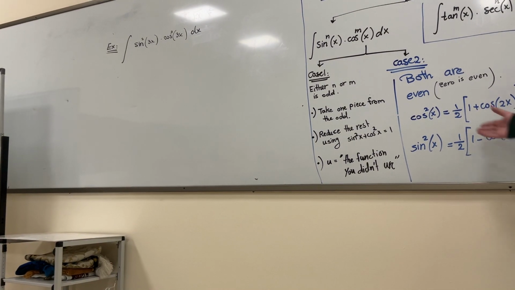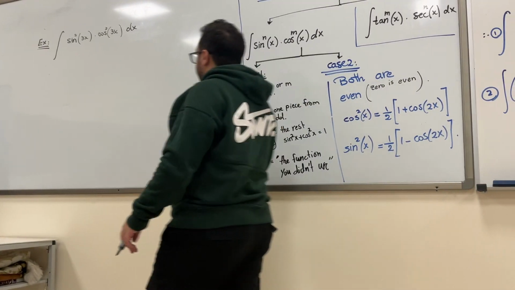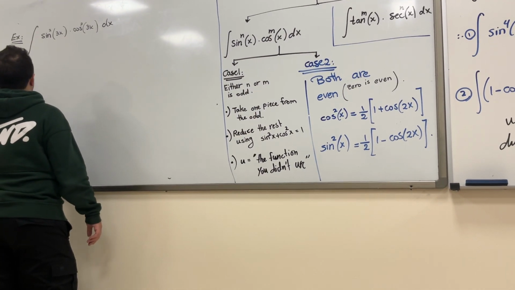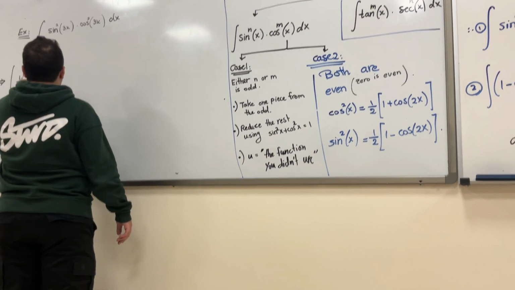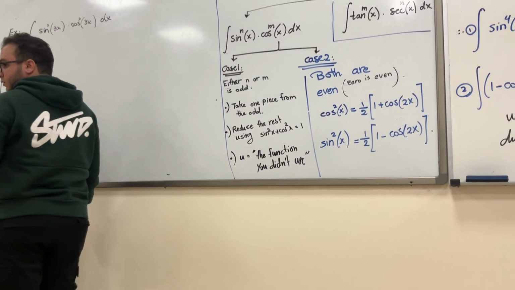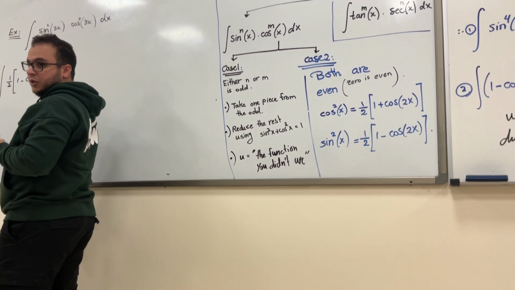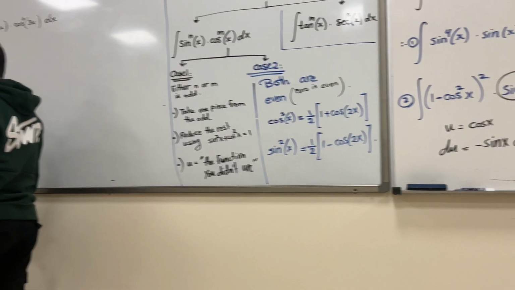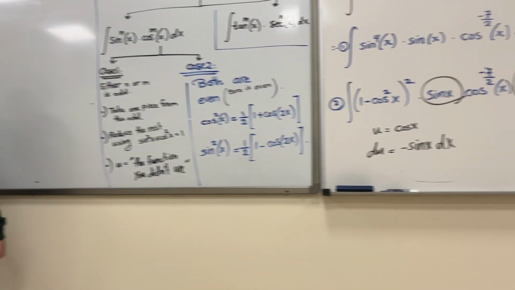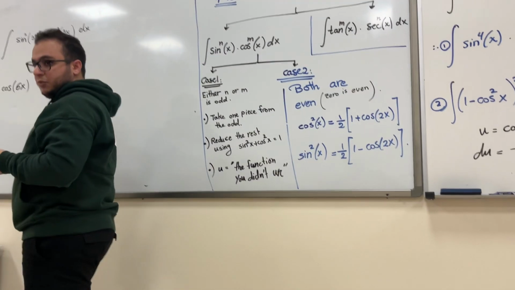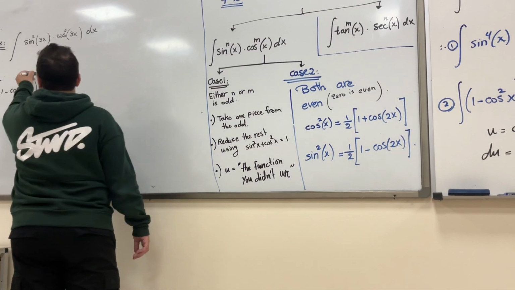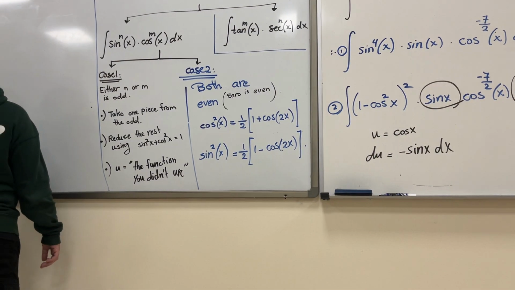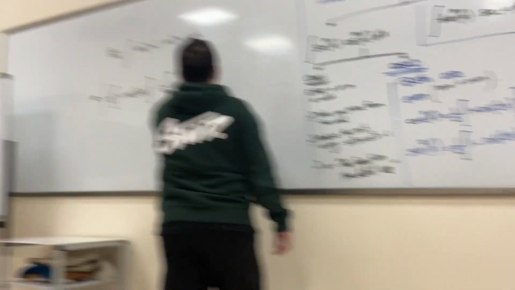So I see a cosine squared, I'm going to replace it with half, 1 minus cosine of what? 2x. This is going to be 2 times 3x, so 6x. Don't do 2x, it's a common mistake. And then times half, 1 plus cosine 6x.